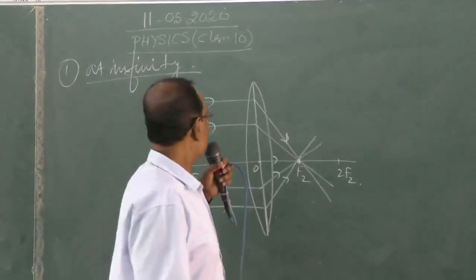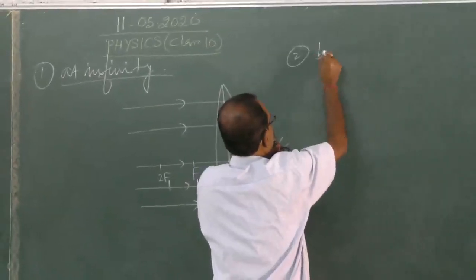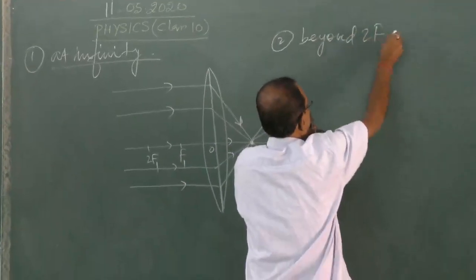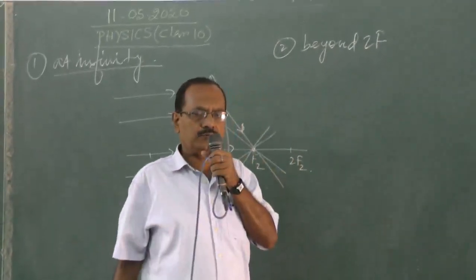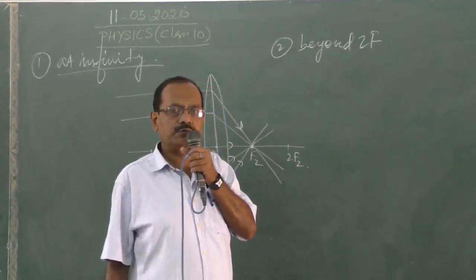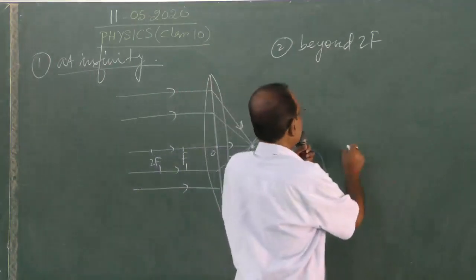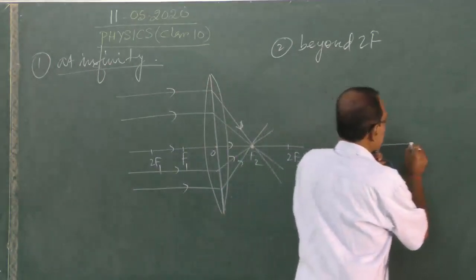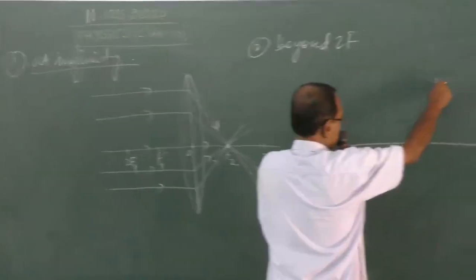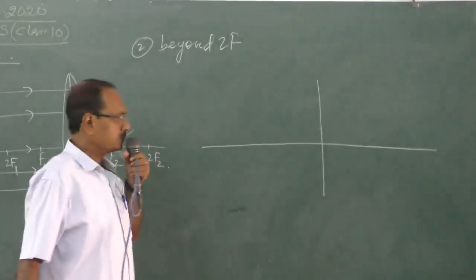Now next is the object beyond 2F, or in between infinity and 2F, or center of curvature. Again I am telling you, draw the principal axis. Mark the central line of the lens, perpendicular.